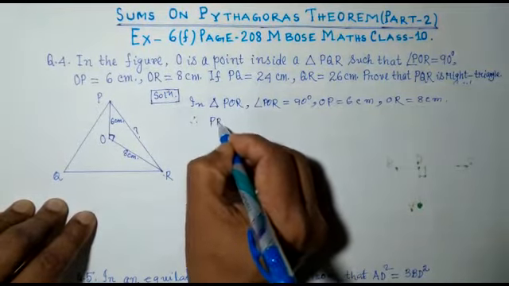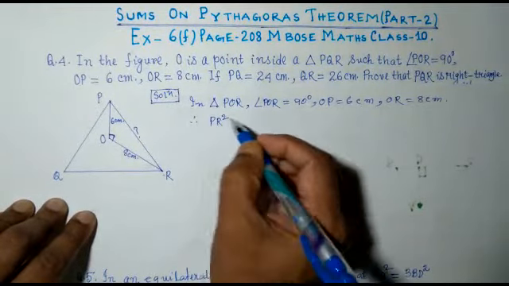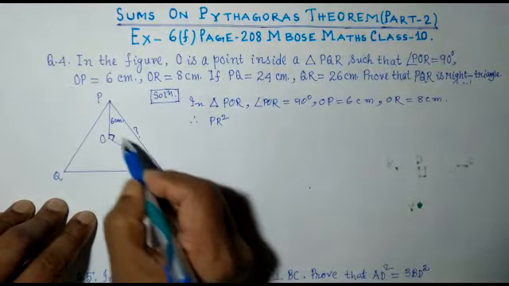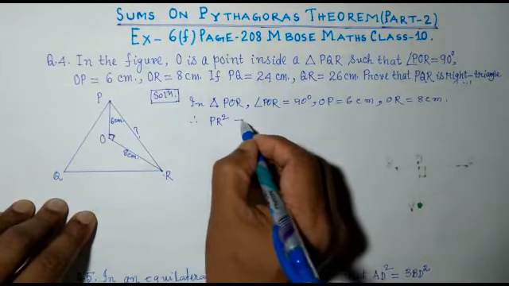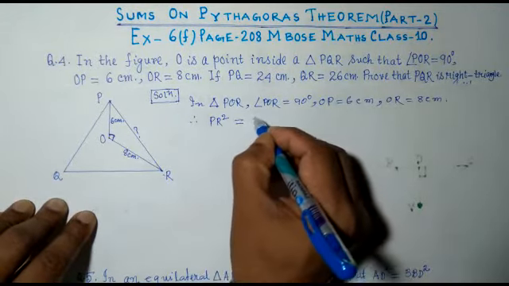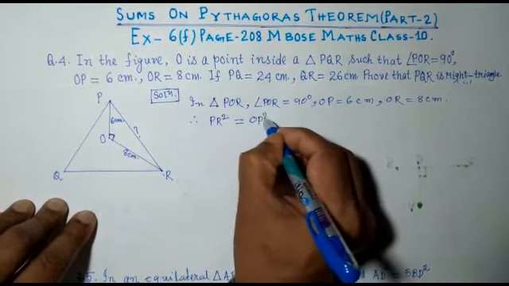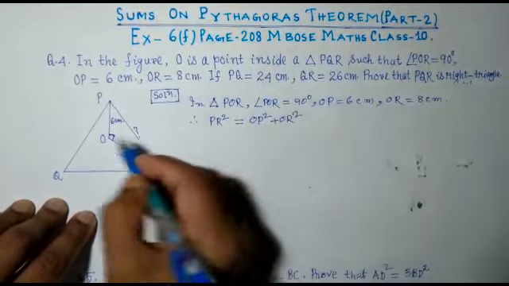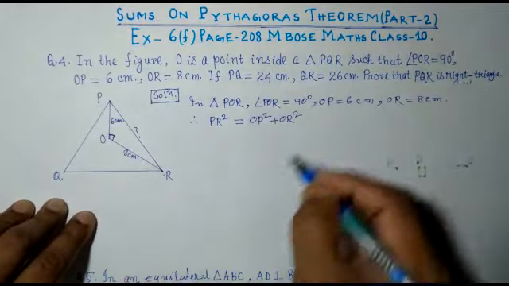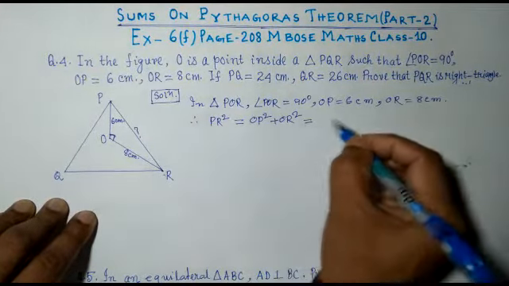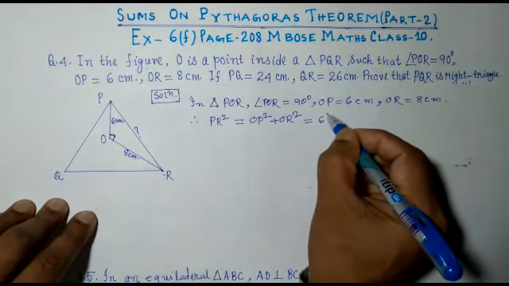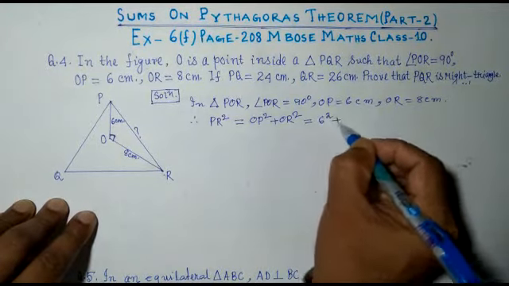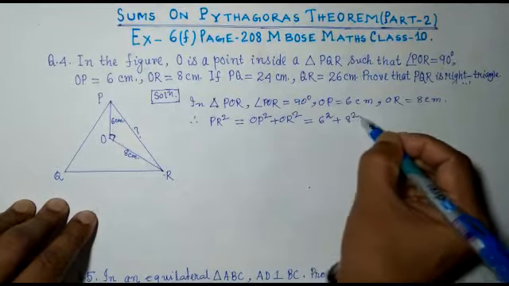PR square. This is the hypotenuse, opposite side of angle POR. Square of hypotenuse is equal to the sum of the squares of the other two sides. So it is OP square plus OR square. Look here, this is OP and this is OR. We write the value of OP, it is 6 given, 6 square, OR is 8, 8 square.